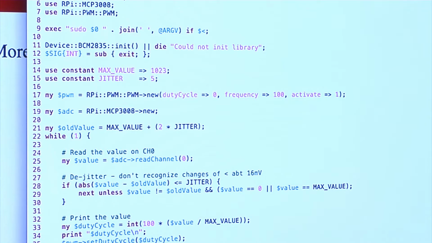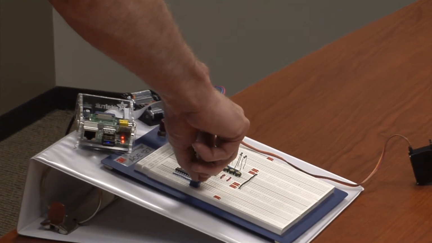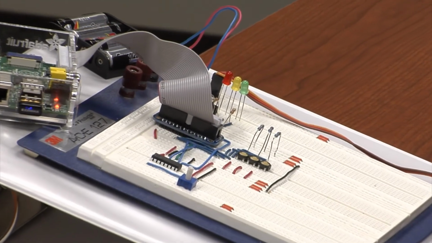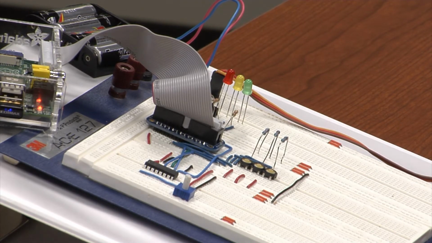What causes that jitter? Is it the chip itself? No, it's the fact that the voltage isn't constant. This is just a slider on a piece of carbon, I think is what's in that potentiometer. So if you bump the table, it moves a little bit. If the temperature changes slightly, it moves a little bit. Breathe on it funny. Look at it sideways, it'll move.